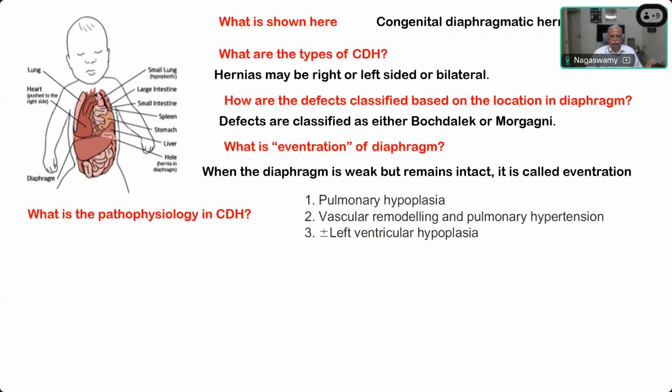Once pulmonary hypoplasia occurs, it will cause vascular remodeling and pulmonary hypertension, because the lung is not developing, the vessels are all very constricted and resistant, and pulmonary hypertension develops. Because of this, there is no adequate blood flow and the left ventricle also becomes hypoplastic. So that is how the whole thing changes.